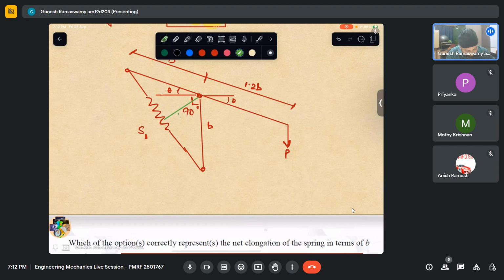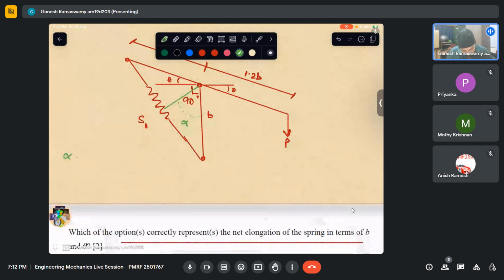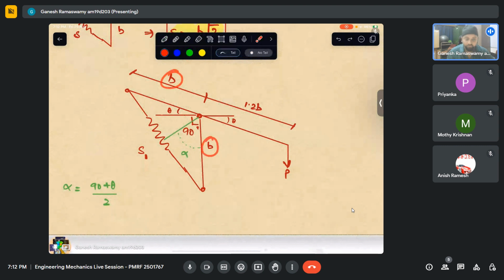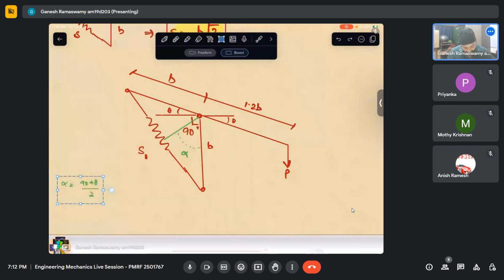Let me call that some alpha. I know that alpha is 90 plus theta by 2. I hope that is clear. I have just calculated this angle and taken the half of that. Why half? Because this is also B, this is also B. It's an isosceles triangle, so the perpendicular will naturally be the angle bisector. So I have alpha is 90 plus theta by 2.